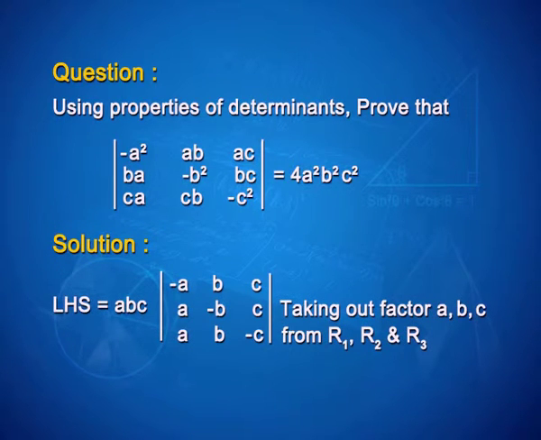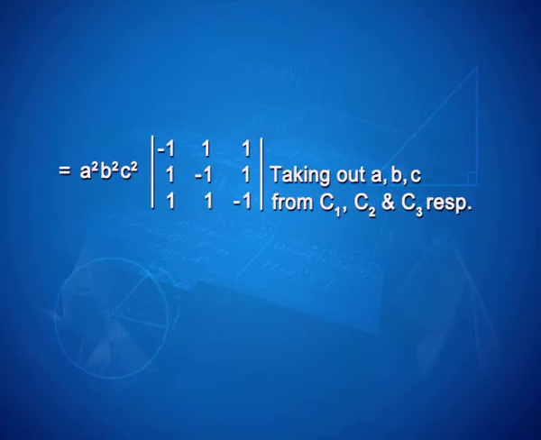For the solution, we have LHS as simplified, taking a, b, c common from R1, R2 and R3: minus a, b, c, a, minus b, c, a, b, minus c. Again taking out a, b, c common, we have a square, b square, c square into determinant minus 1, 1, 1, 1, minus 1, 1, 1, 1, minus 1.